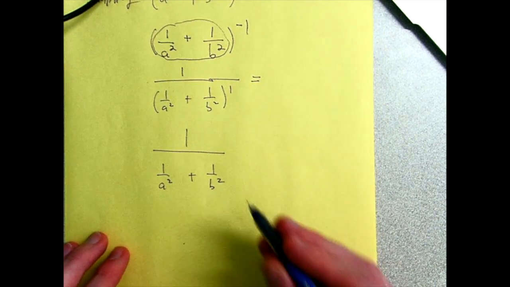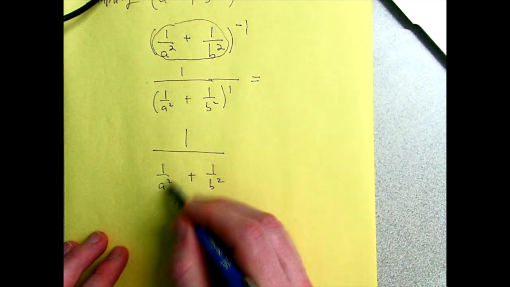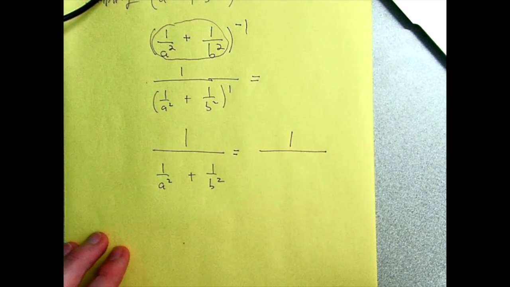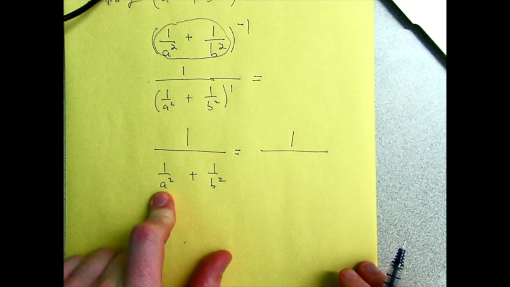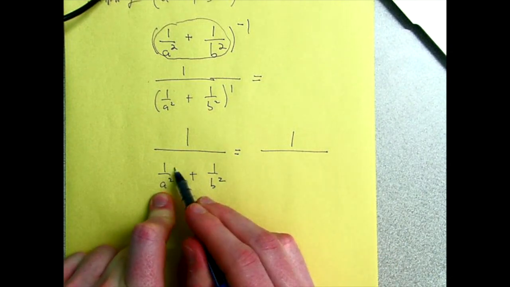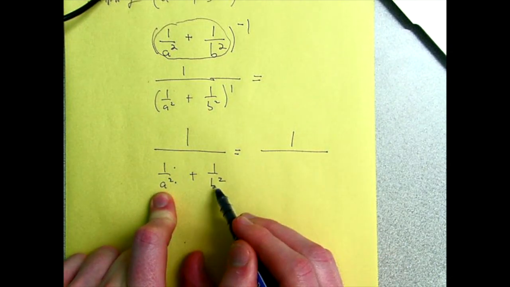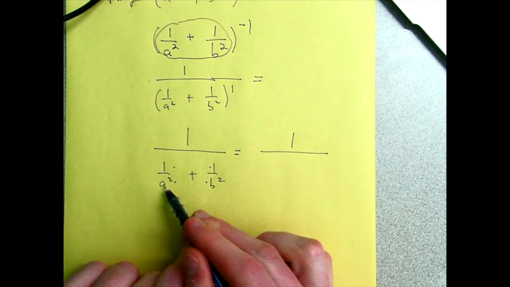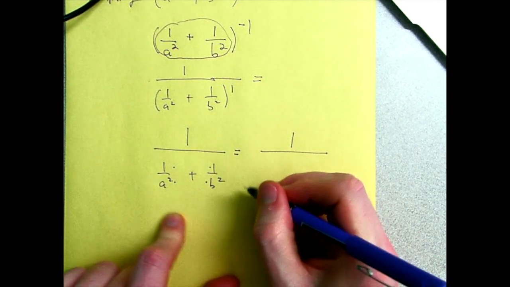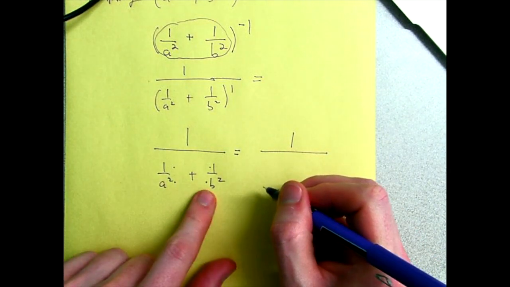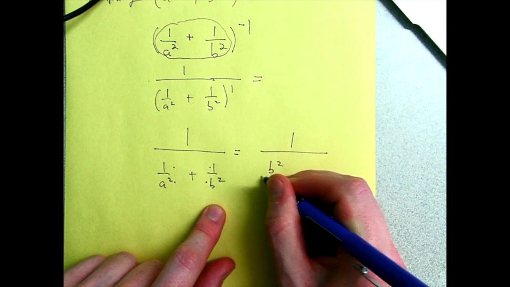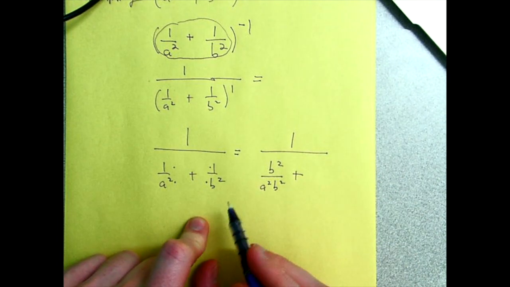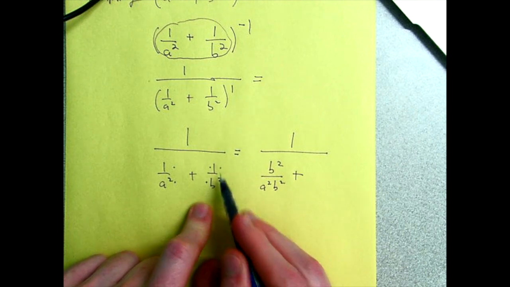How do we do that? Well, we have to add these two fractions together, which means we need common denominators. So in order to obtain common denominators, I'm going to multiply top and bottom here by this denominator, b squared, and I'm going to multiply top and bottom here by that denominator, a squared. So multiplying top and bottom here by b squared, I get b squared over a squared b squared, plus, and then multiply top and bottom of this fraction by a squared.